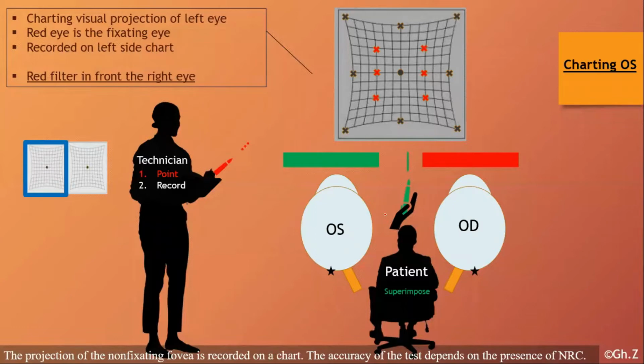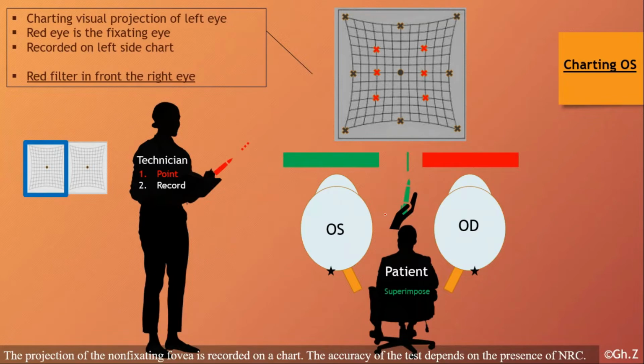Here I draw his eyes. This is the right eye and this is the left eye. If you remember from the second lecture, I mentioned that when we draw the eyes at the bottom of the slides, it means like this. This is the right eye and this is the left eye. And the patient here is facing his chart, wearing red-green goggles.